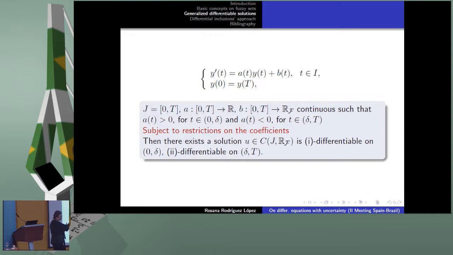The diameter of the level sets is increasing, and with the other types it is decreasing. Okay, but we are not going to have, at the same stage, one solution that is going to be periodic. This is another problem that will be solved using differential inclusions.